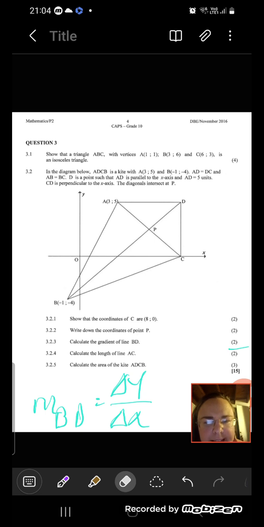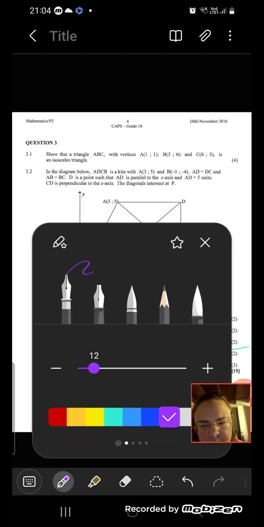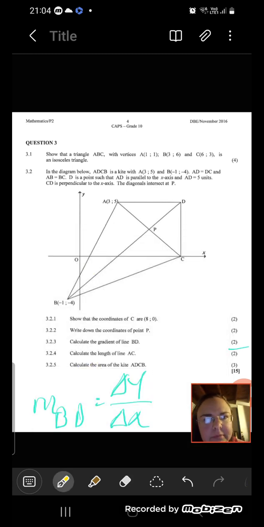Calculate the length of AC. Okay, cool. So length is your keyword. What formula did you use for length or distance? Exactly. For 2 marks, you just pop in your values.